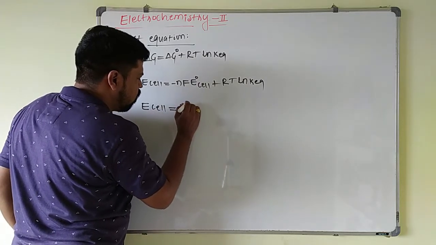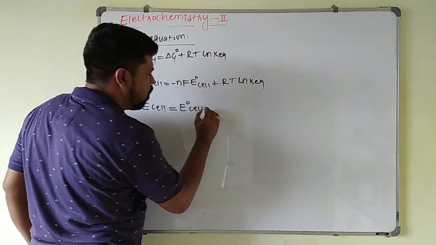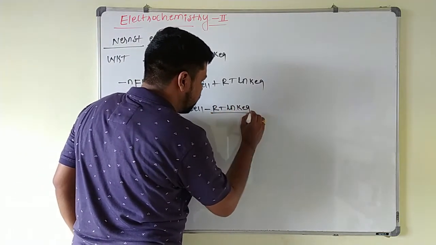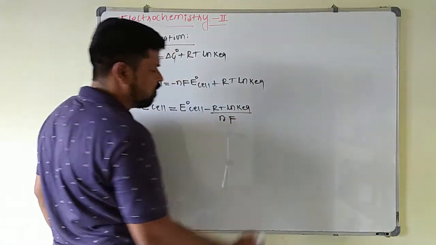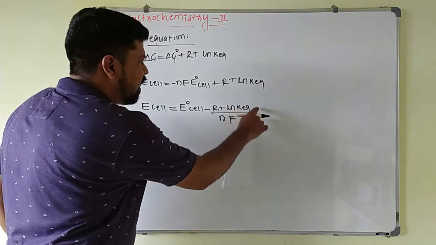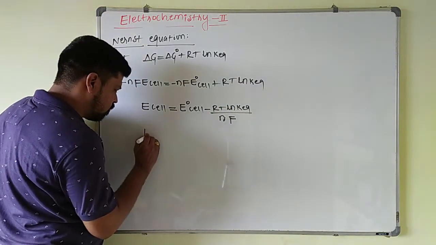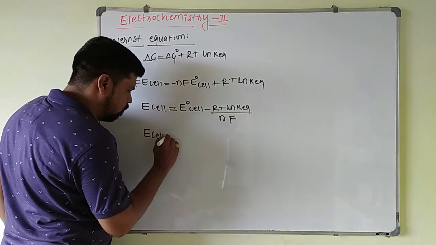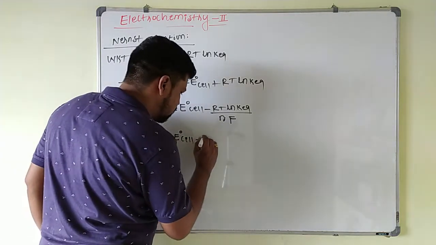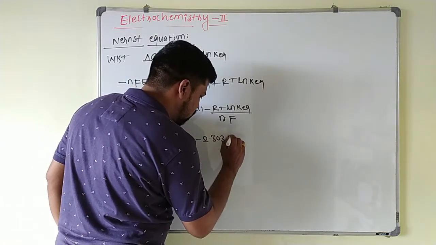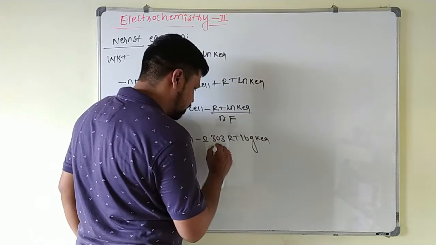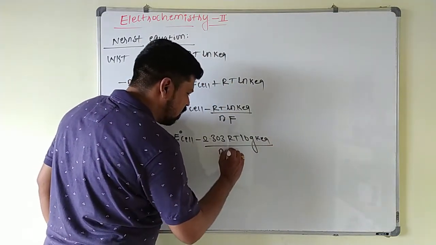E cell is equal to E naught cell minus RT ln K equilibrium divided by nF here. Okay. Now here this ln K equilibrium can be written as E cell is equal to E naught cell minus 2.303 RT log of K equilibrium divided by nF.